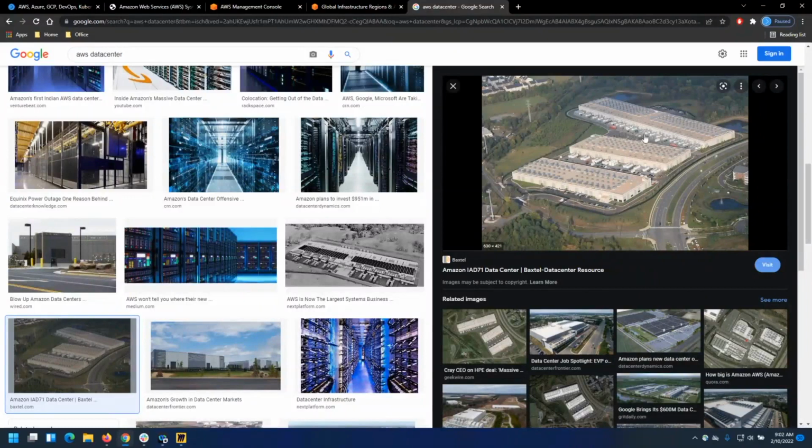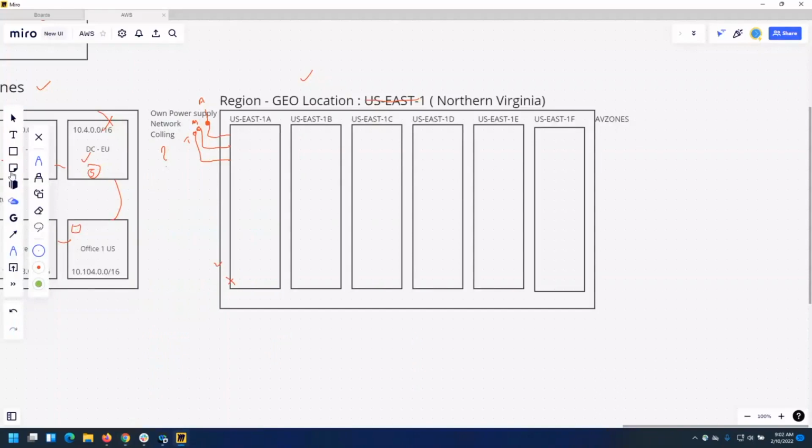If you see the power supply, cooling, and networking connectivity, each is a separate, isolated entity. Now, in the backend, all these things are connected together.